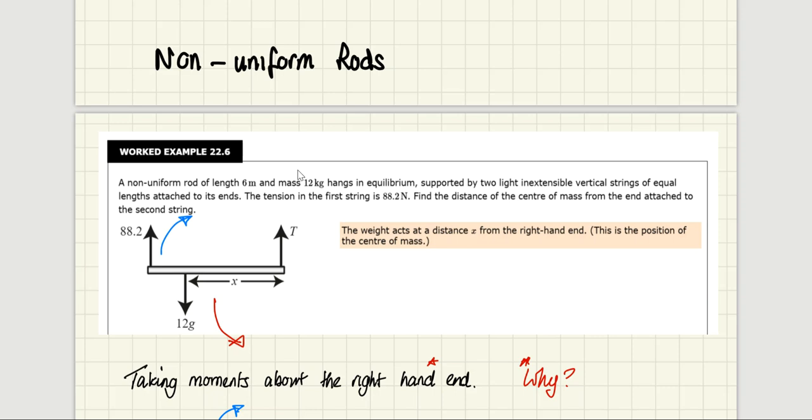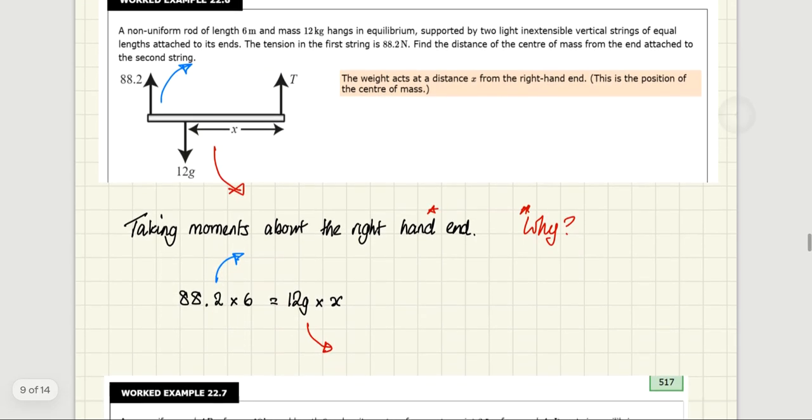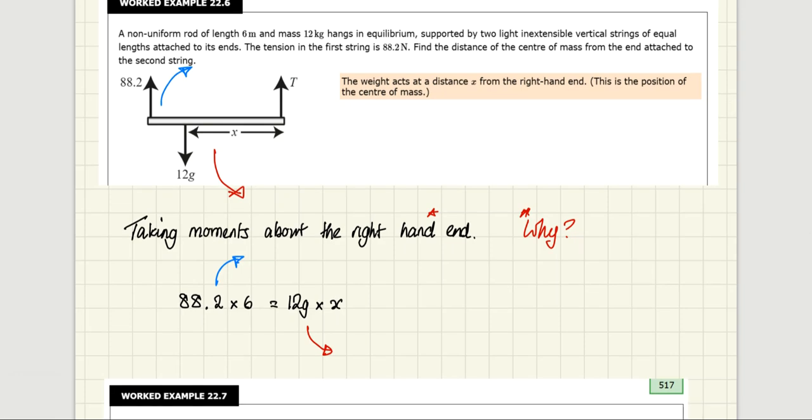Because it's non-uniform. Because if the mass was in the middle, you could say it is, right? But it's not. We don't know this distance. It says find the distance of the center of mass from the end attached to the string. So, looking at this, taking moments about the right hand end, so this end here.